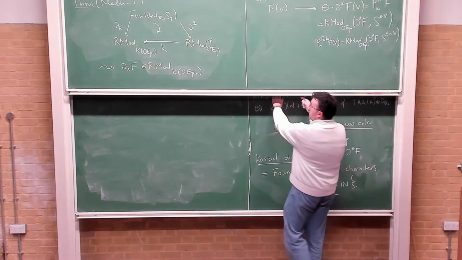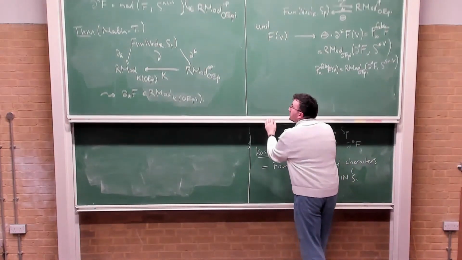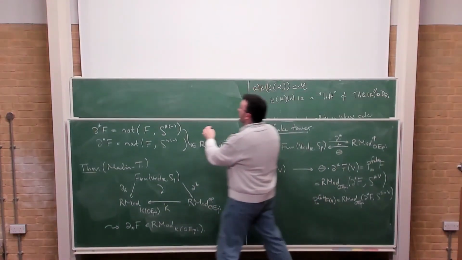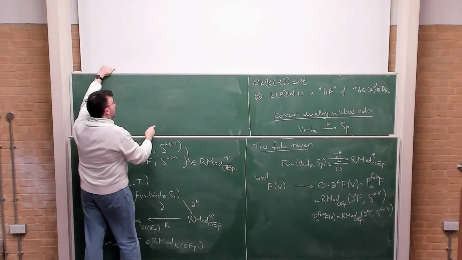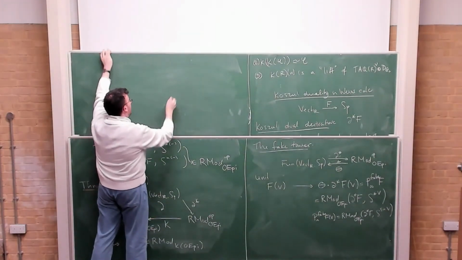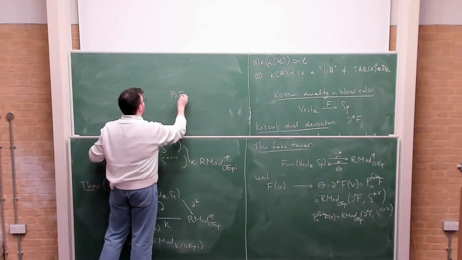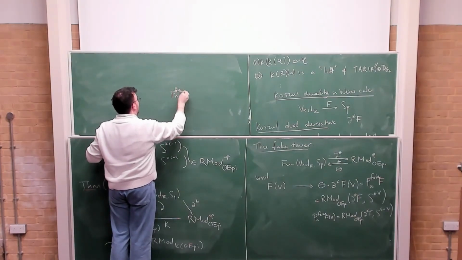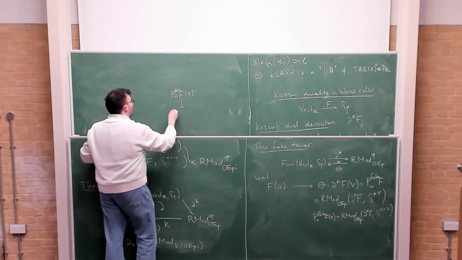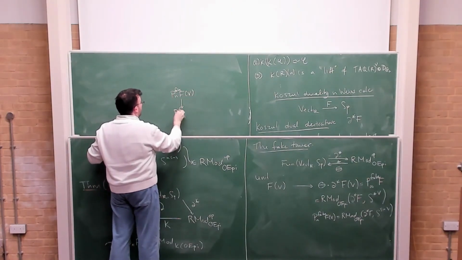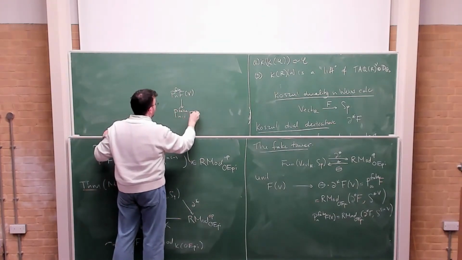So what happens is I have a map from the nth term in the tower to the (n minus first).